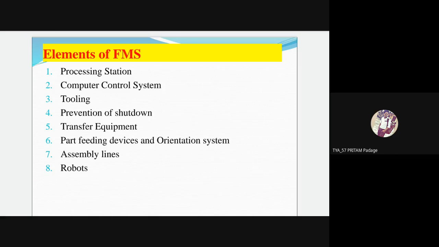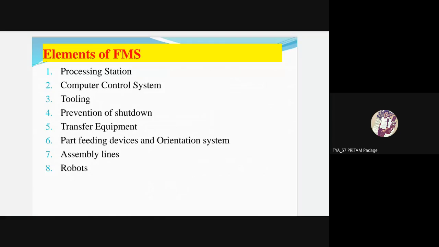Transfer equipment is also required, different trolleys. After completion of a workpiece or any product, it should be transferred to the storage or for dispatch. Between them the transfer system should be available. In industry, you see in animations, there are different small trolleys for the transfer.